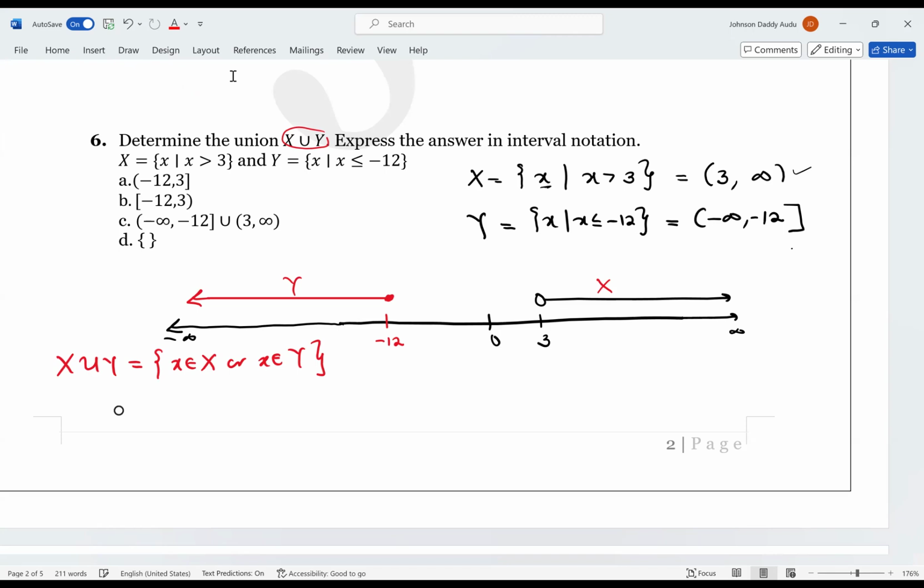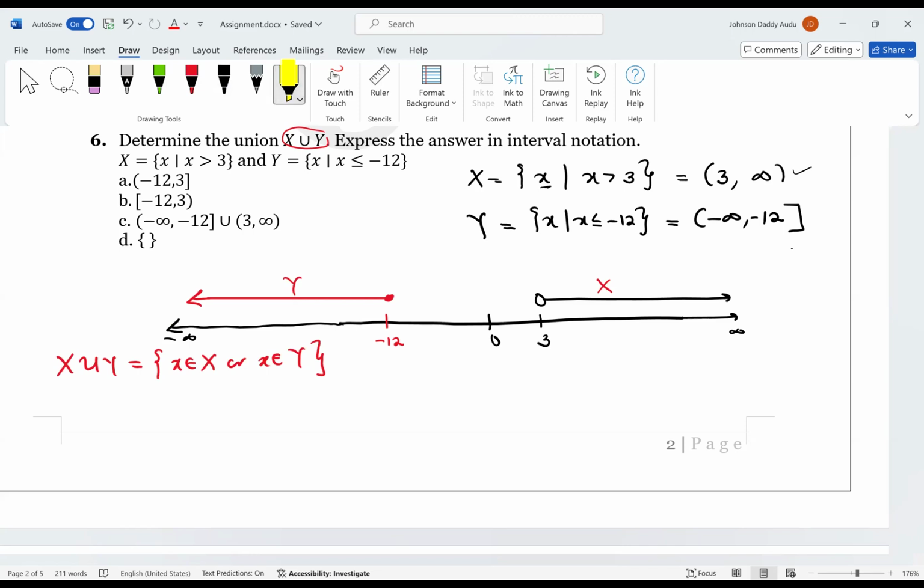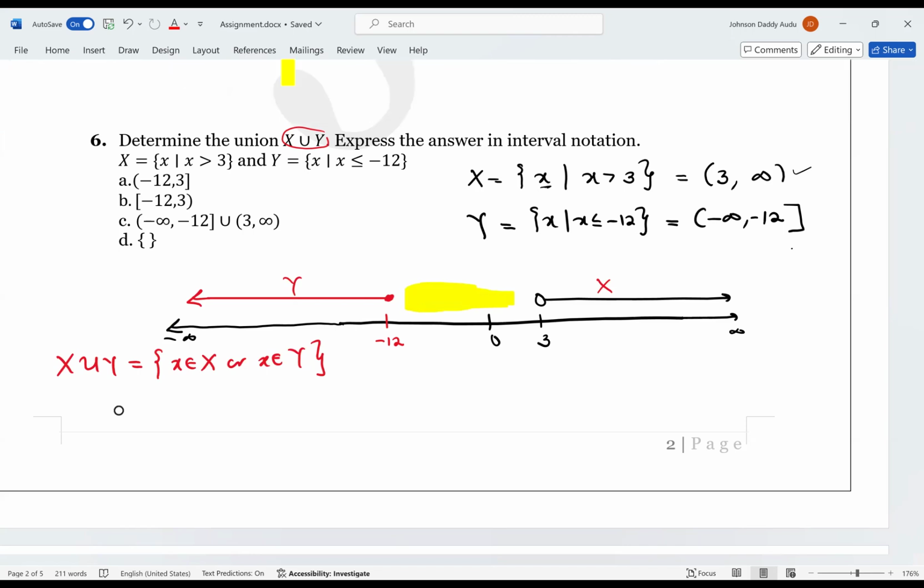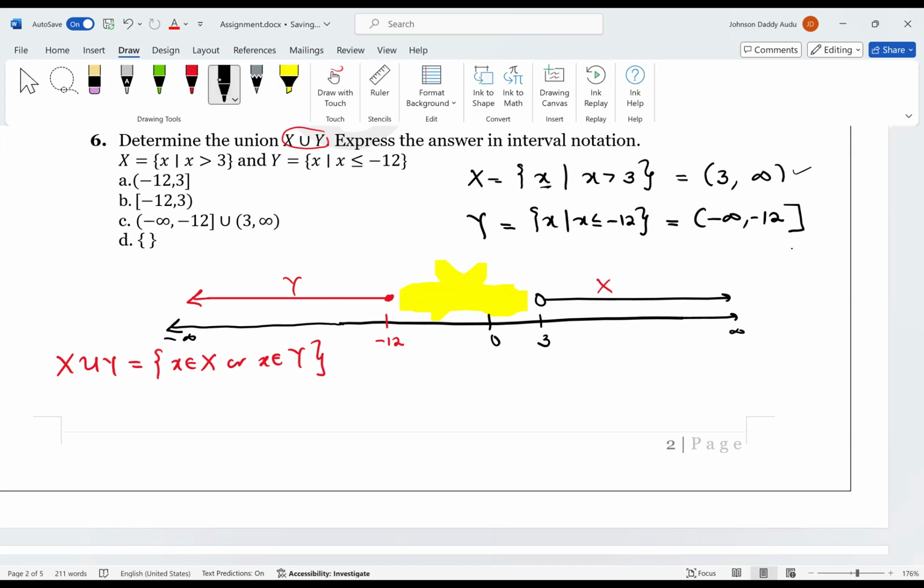So if I want to take everything, it means I want to take the whole of X and I also want to take the whole of what? Y. So in this case, the only portion that we cannot take is this part. This part, we cannot take it because there is nothing here. So this part is not included. So it means our union is going to be the whole thing.